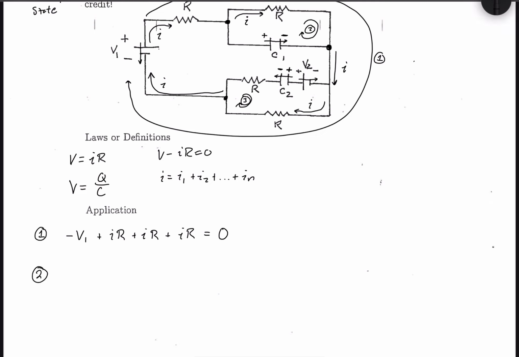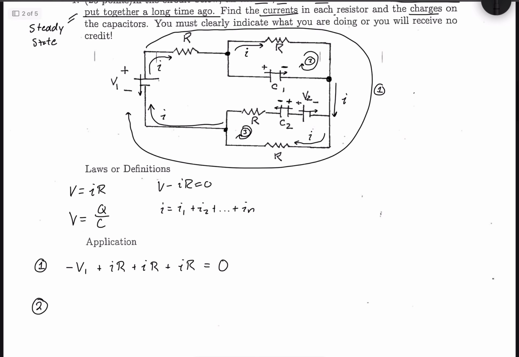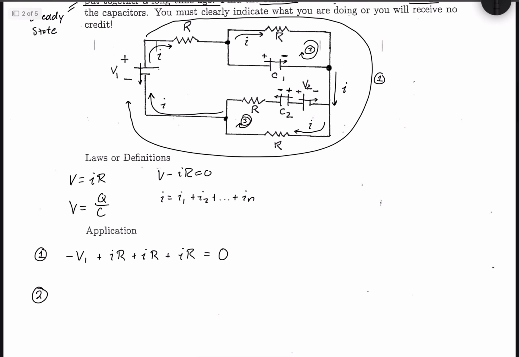Cool. Okay, so then we want to do loop 2. Loop 2 is going all the way around this way. So it's going to be going along that first resistor there, this one in there, and then it's going against the capacitor. So we'll have charge 1 divided by capacitance 1, and that's going to be equal to 0.